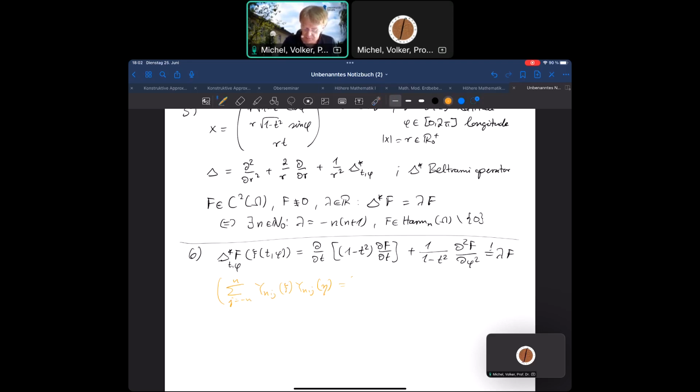Then I get 2n plus 1 over 4 pi times the Legendre polynomial at xi times zeta. But this is true for all xi and eta in omega, and Pn is the Legendre polynomial of degree n, and this is called the addition theorem.